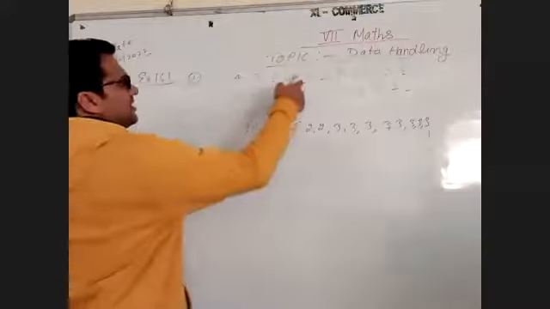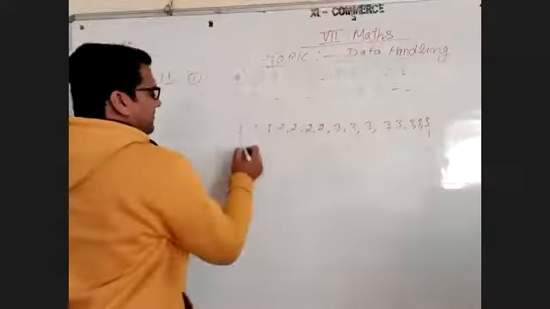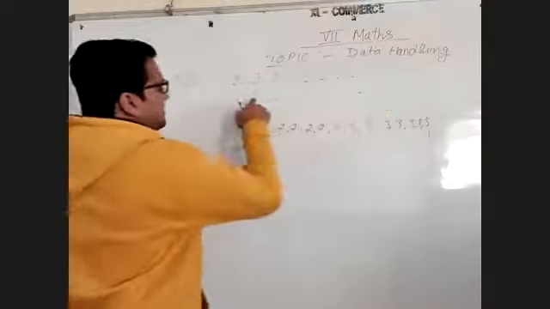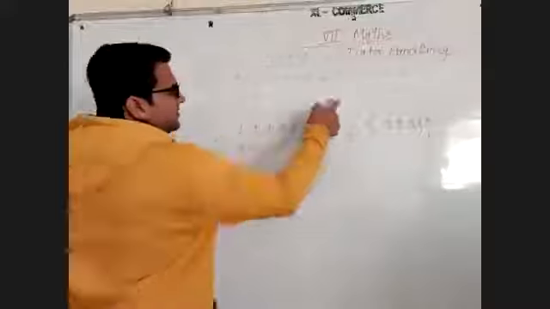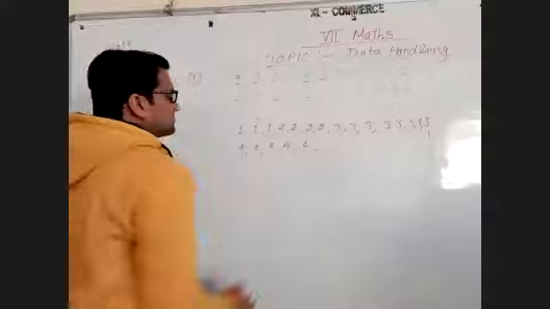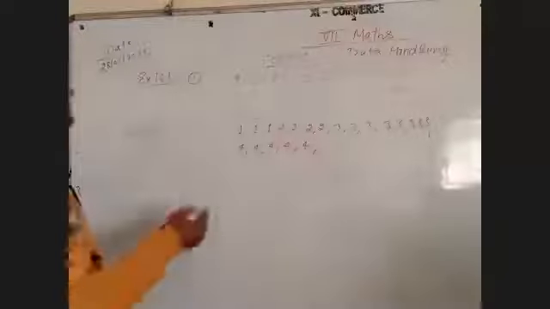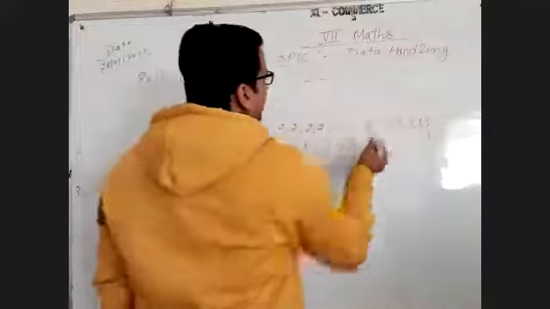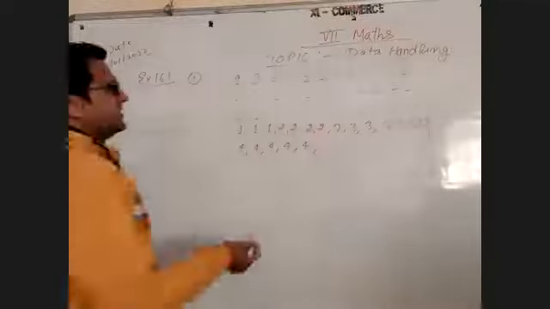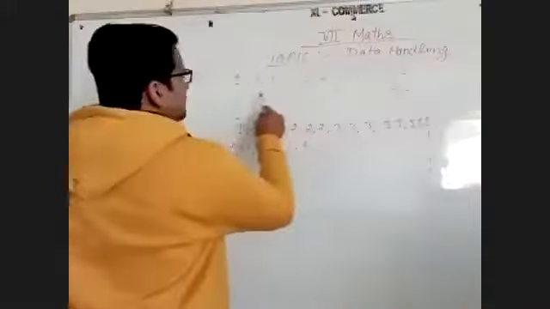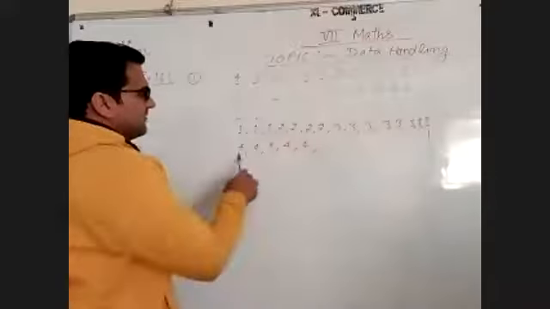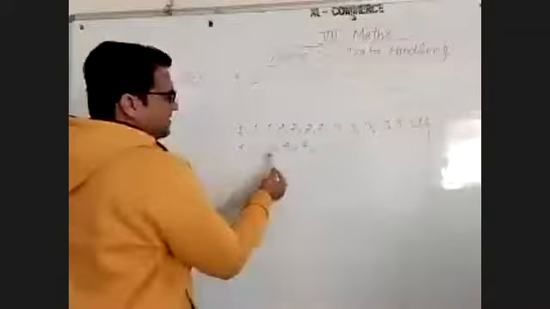Now come to the point number 4. 4, 4, 2 times, and third 4. This one is also 4, and this number is 4. And we have written 5 times here.